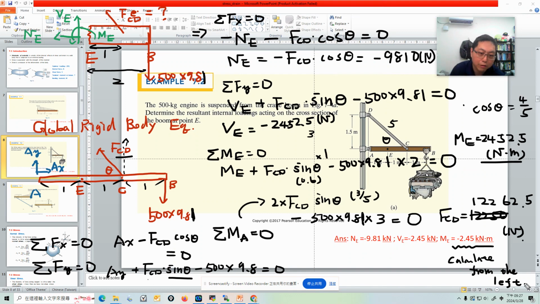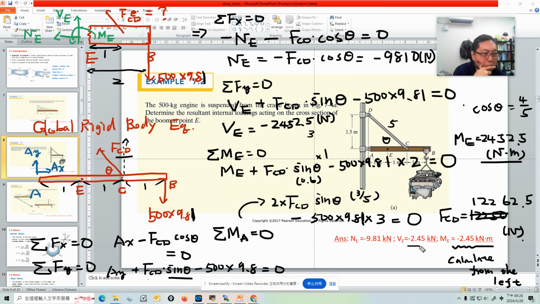We still have the same sign on the shear force. Where did it go wrong? If we calculate from the left, we should have the reverse sign on shear force, but we still got the same sign. That's very annoying.